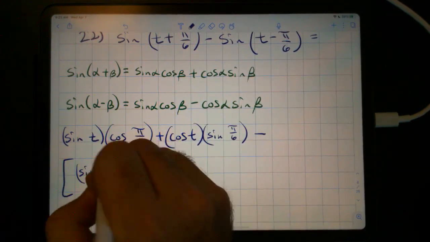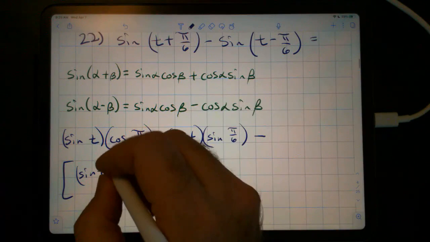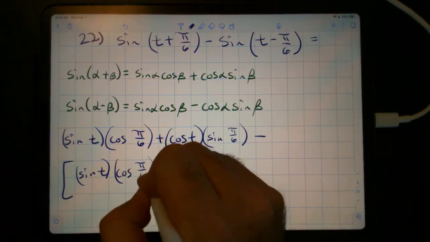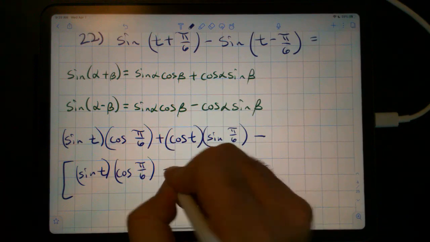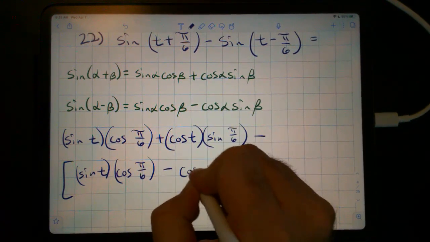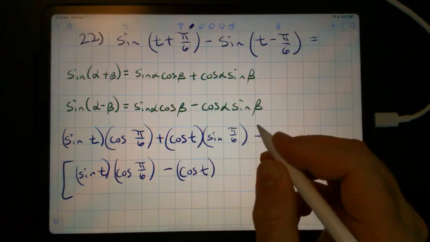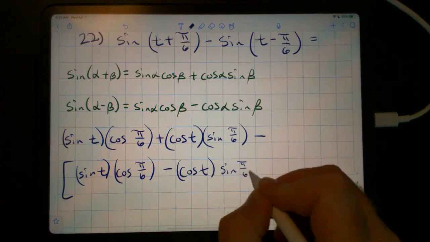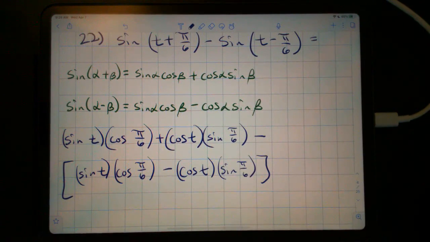So we have sine of the first angle, we have cosine of the second angle, minus cosine of the first angle, sine of the second angle.